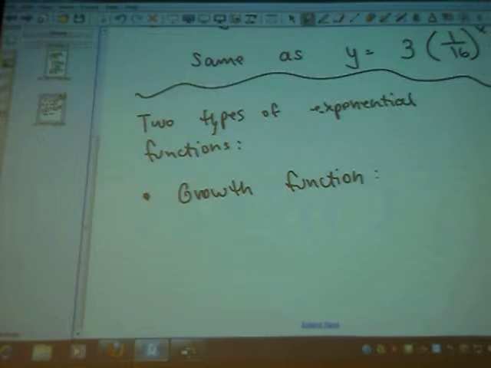And what happens when your base, your a to the nth power, is greater than 1? If you're multiplying by a number greater than 1, then your function is going to get bigger.